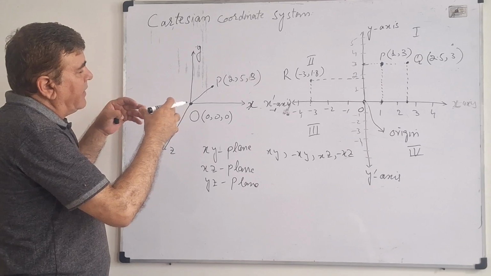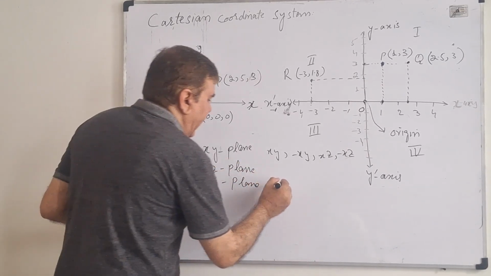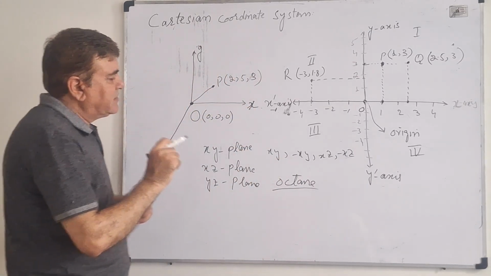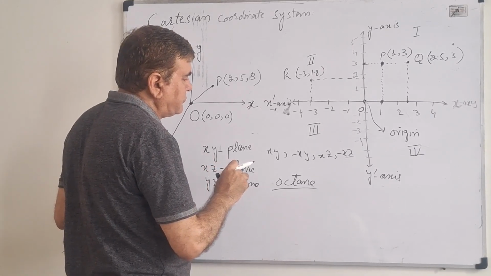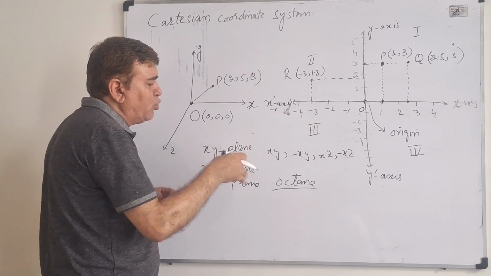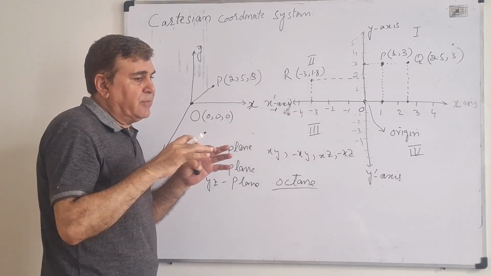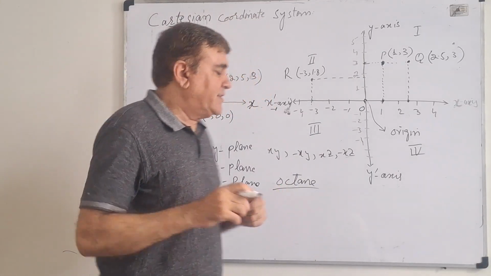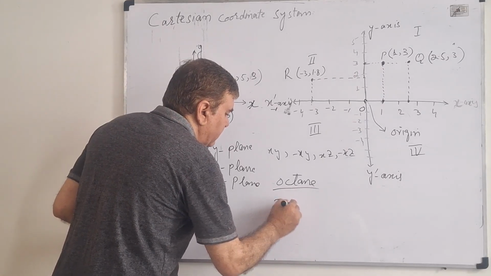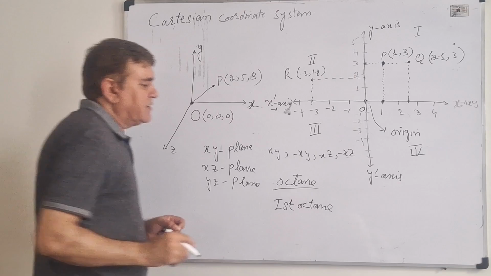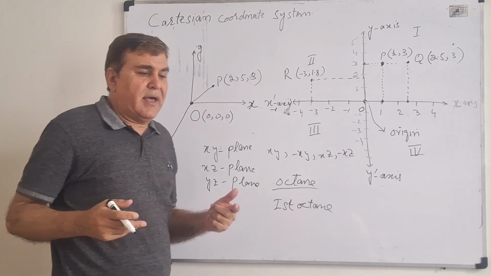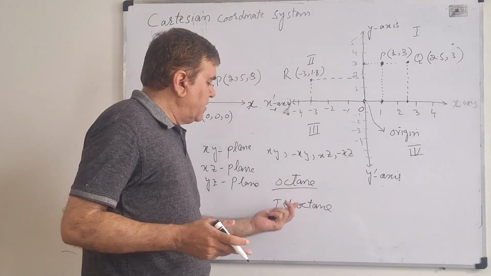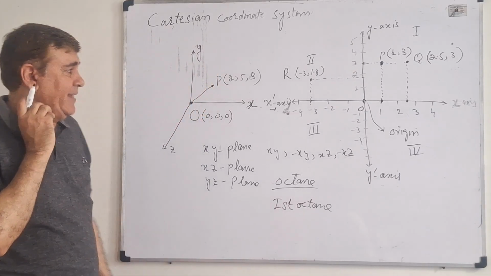Every single region is called an octant. The octant obtained between the three positive values, that is, the region in which all the points have three positive real numbers, is called the first octant. The remaining 7 octants have no special names, but the first one, with all three real numbers being positive, is called the first octant.